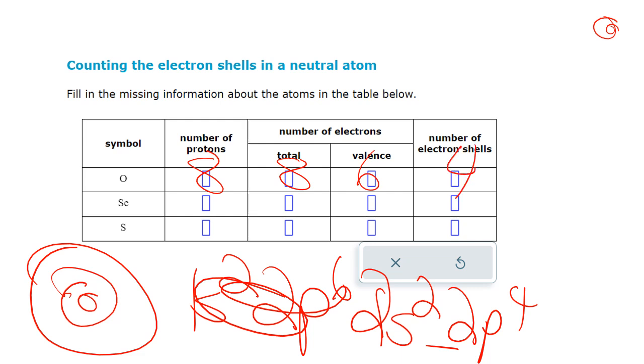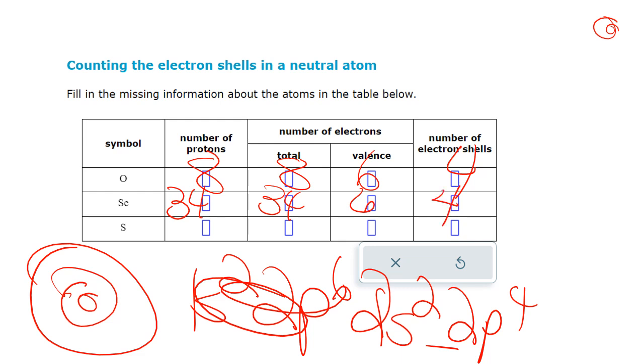And then we have selenium, which is element 34. It has 34 protons, 34 electrons. Selenium then has 6 valence electrons. The number of shells, if we look at where selenium is, it ends in 4p4, therefore we have 4 shells.